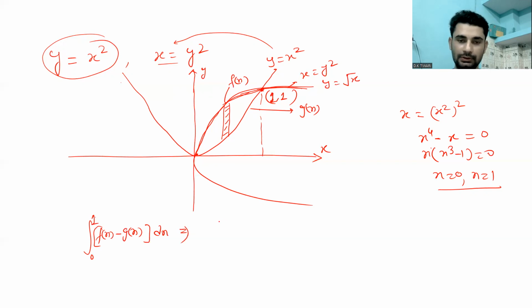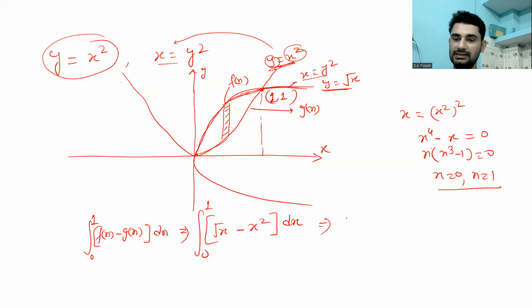So now f(x) is what? f(x) is nothing but x equal to y square, so the value of y is root x. So it will be root x minus g(x). g(x) is nothing but y equal to x square, so the value of y is x square. So integration of root x minus x square dx from 0 to 1. Now what is the integration of root x?